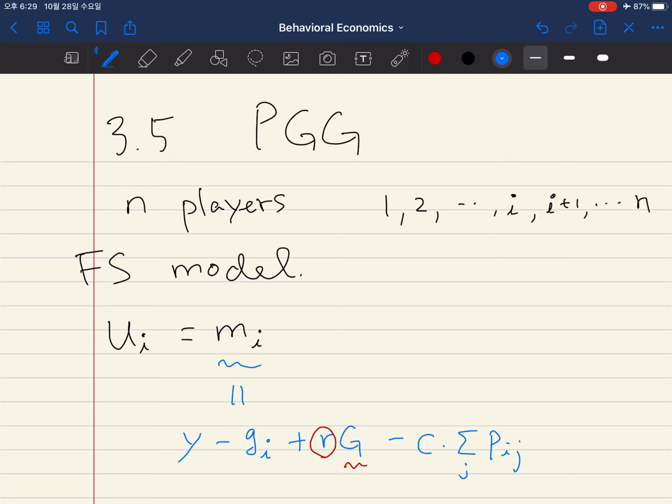So here Pij indicates the amount of punishment on individual j. So for instance, P23 means this is an amount of punishment on individual 3 by individual 2.